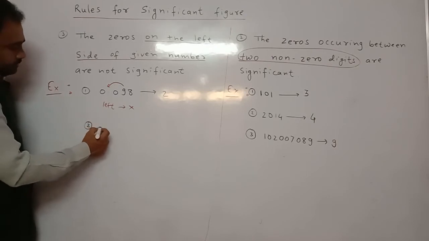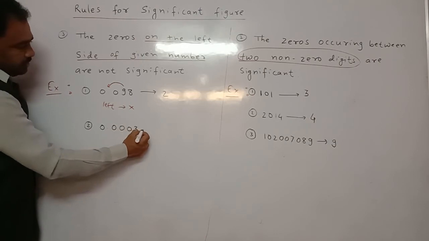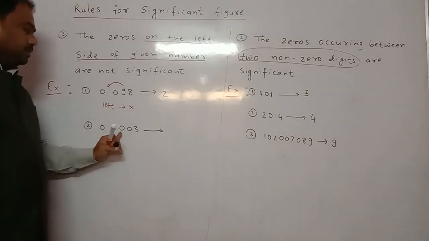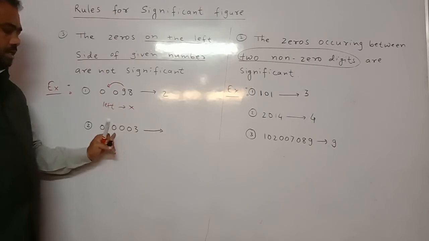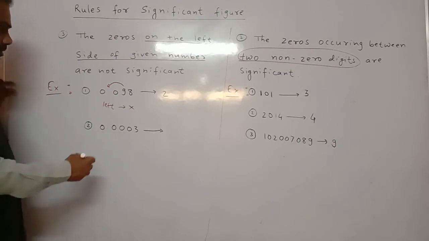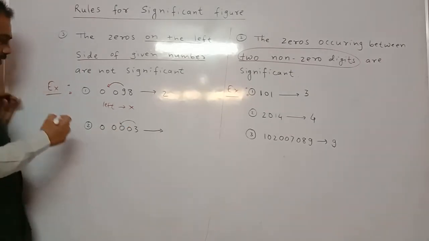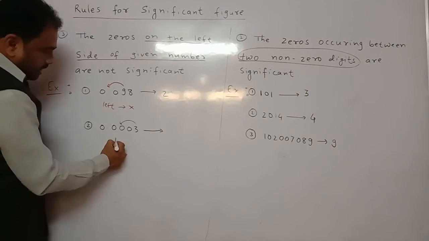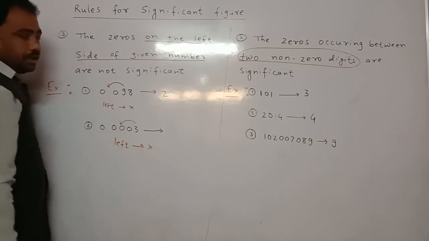Second example, 0.0003. How many significant figures are in this given number? How many zeros are there? 1, 2, 3. So these 3 zeros are present on the left side of the given number, therefore they are not significant figures.